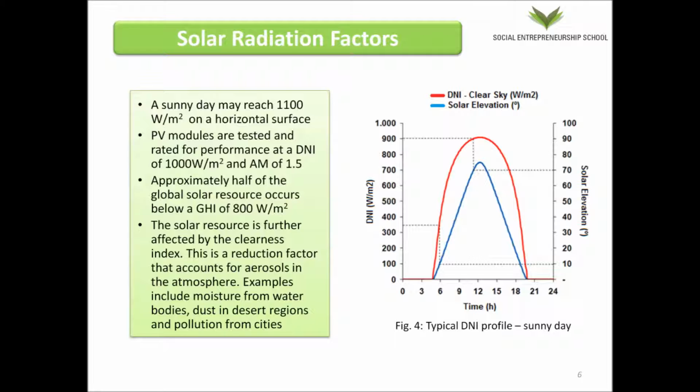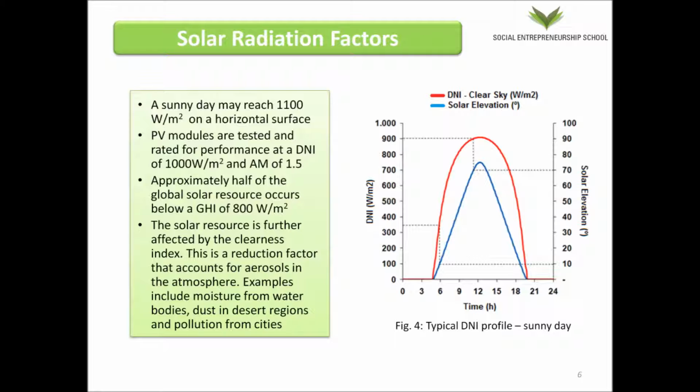As we just learned, the solar constant is the maximum value of solar irradiance that can be measured outside of the Earth's atmosphere. It is 1367 watts per square meter. After passing through the atmosphere and hitting the Earth's surface, high values measurable on Earth can amount to 1100 watts per square meter.